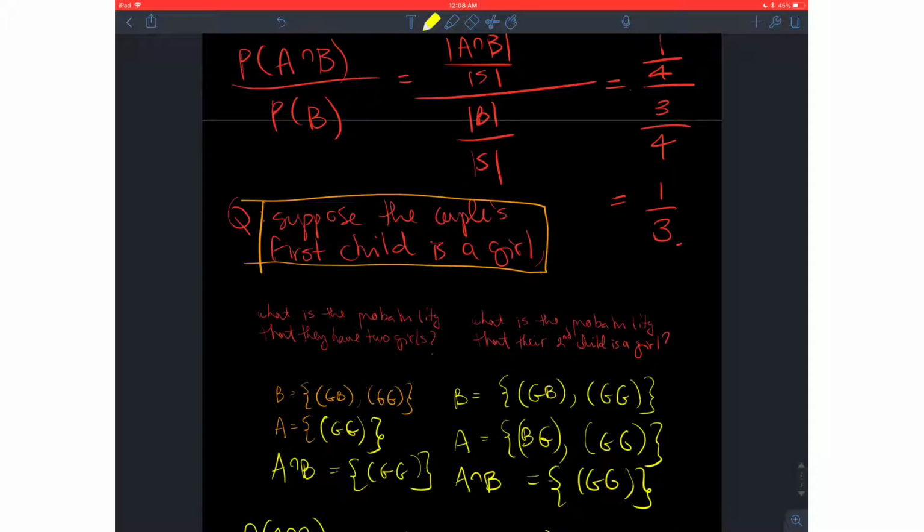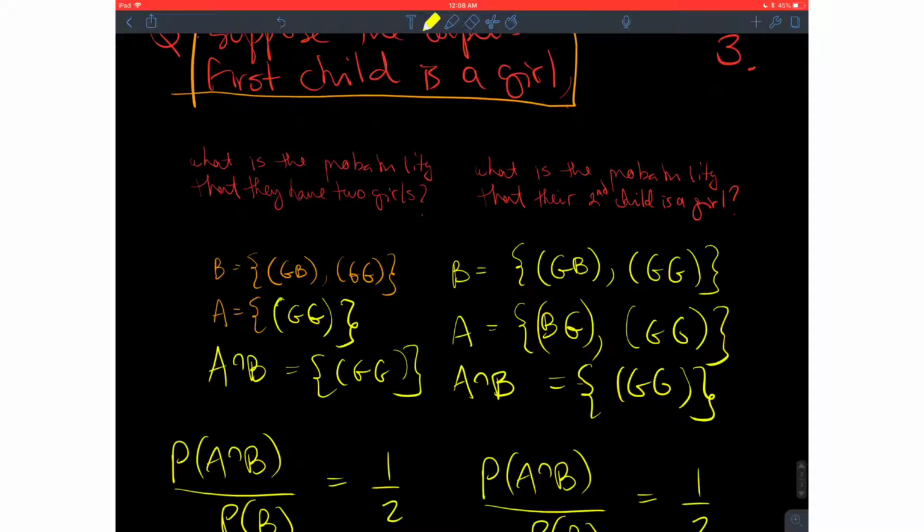Suppose the couple's first child is a girl. And now we're going to ask two different questions, for those of you that might think there are some semantic tricks here. The first question will be, what is the probability that they have two girls? And the second question is, what is the probability that their second child is a girl?